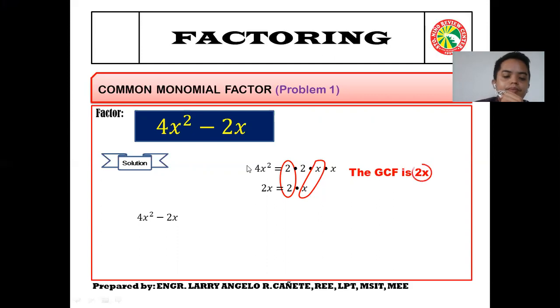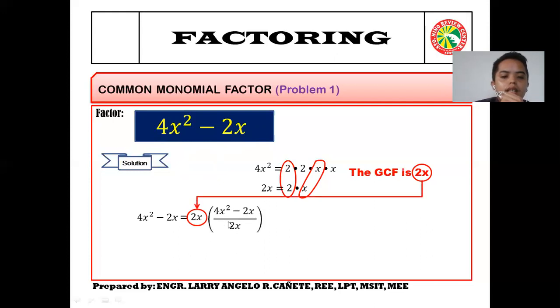So 2x would be isolated, or divided, from the given 4x squared minus 2x. Since we are taking out 2x, you just divide 2x into the given 4x squared minus 2x.